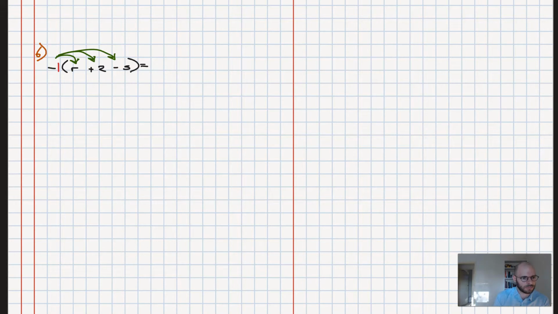So simplifying that, we're going to get minus 1 r plus minus 1 2 plus minus 1 minus s. Using my algebraic rules, I know that that's going to be minus 1r plus minus 2 plus minus s.